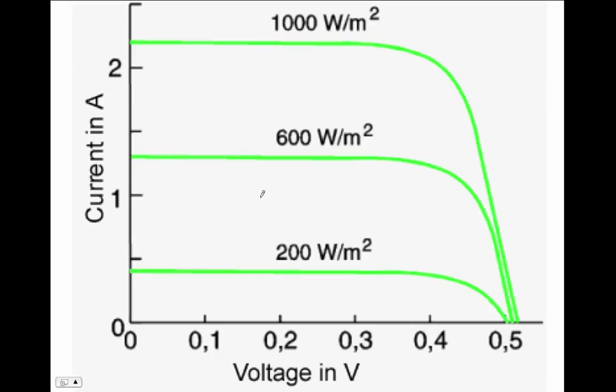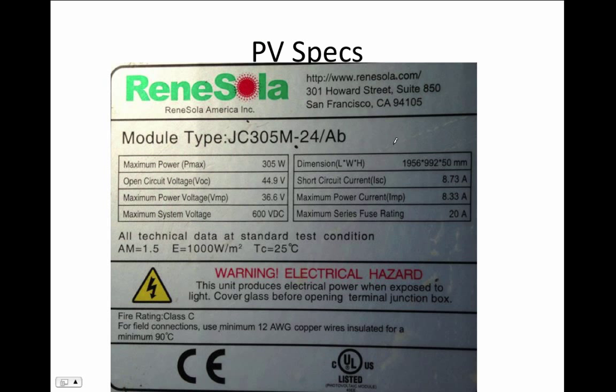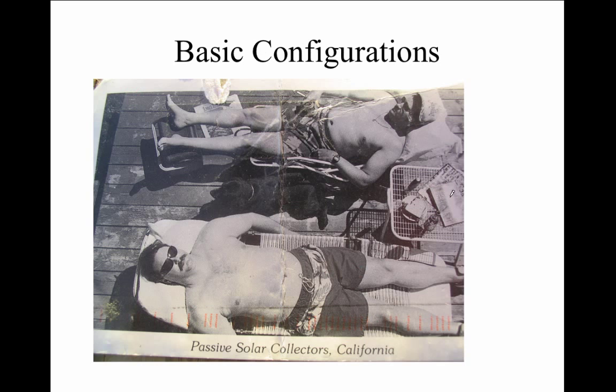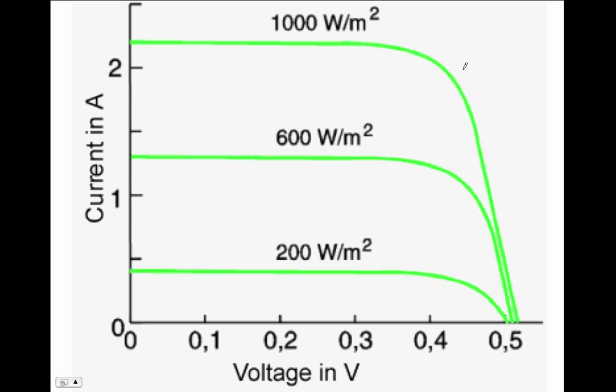So what that's saying is that the knee of this curve right here, the voltage is 36.6. So it's giving you all the points you need to actually draw this curve. And then it's telling you that the maximum power current is 8.3. So that would be the current at this point right here for this particular panel.